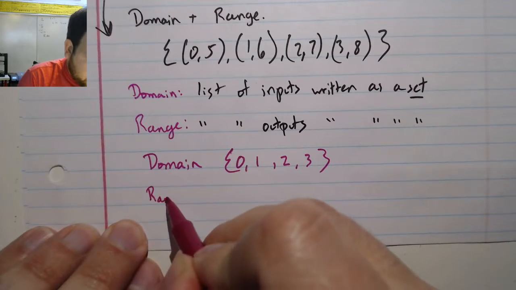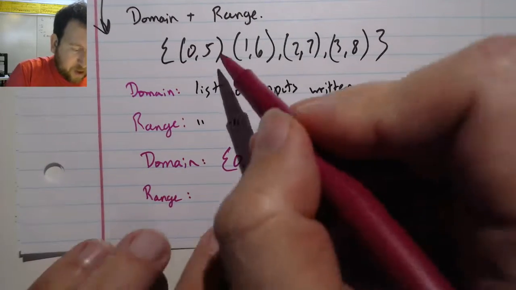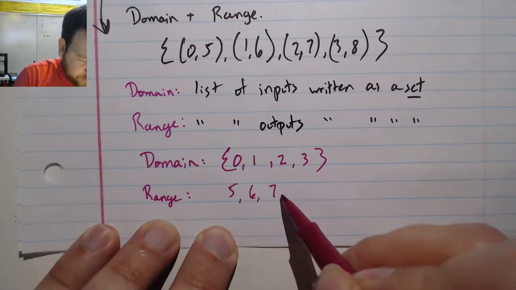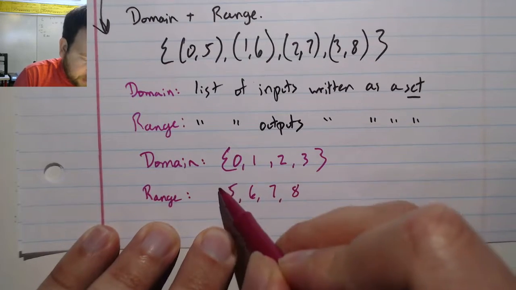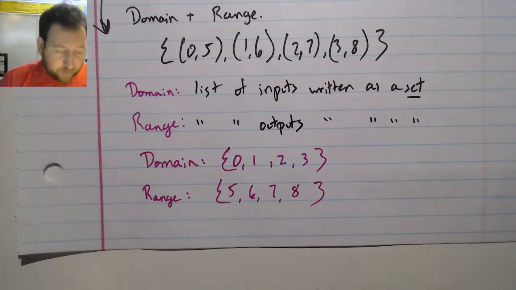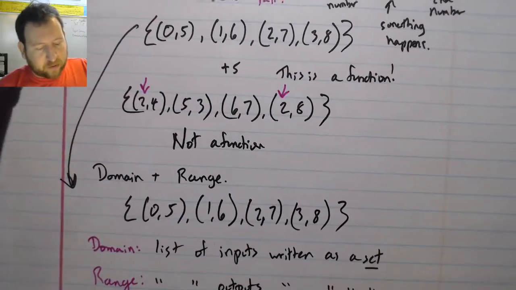My range is all of the outputs: 5, 6, 7, and 8. Pretty simple once we figure that out. Okay, let's take an example and go through what you're going to be required to do. You'll need to determine if it's a function and then write the domain and range.